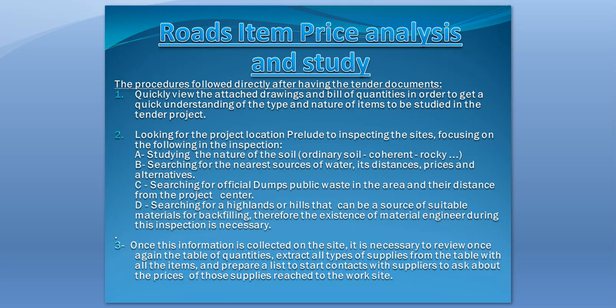The surveyor is going to fix the center line of the road, for example each 500 meters, or each 100 meters if possible, to know exactly where the path of the road to be constructed is.